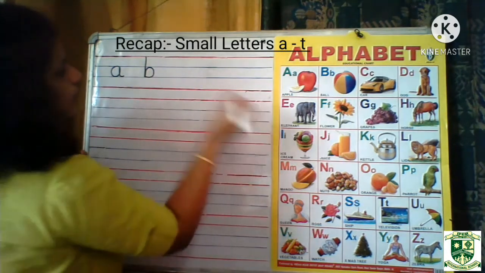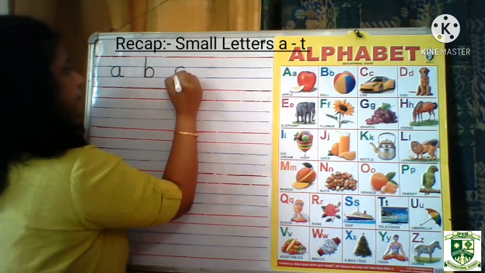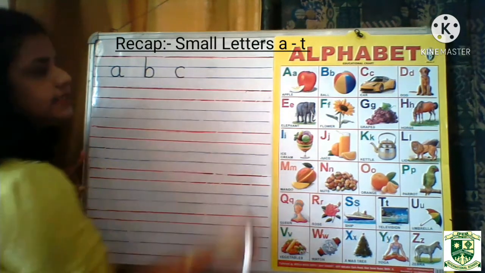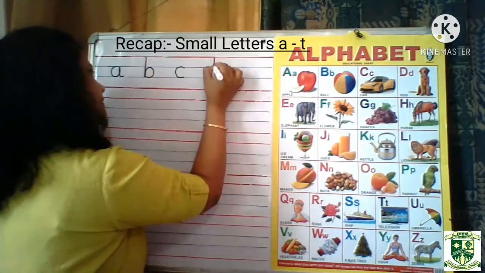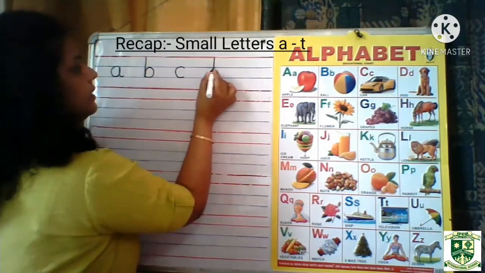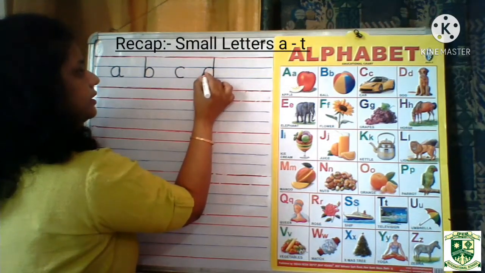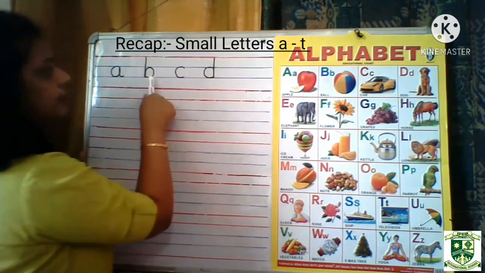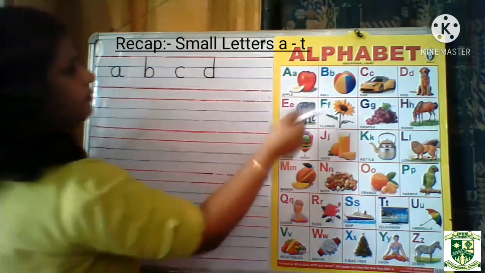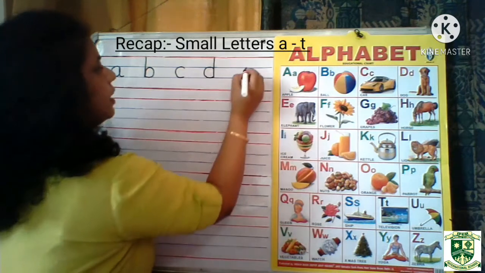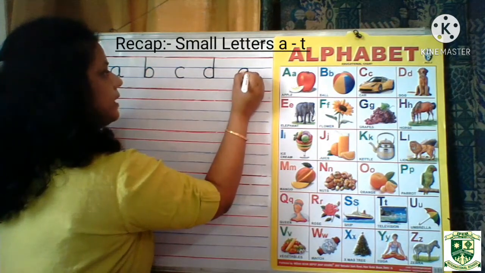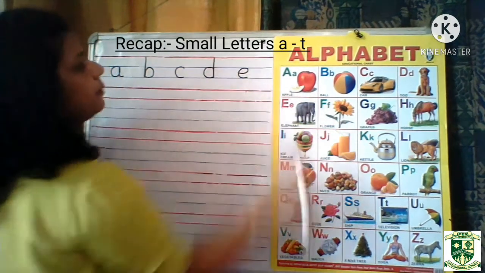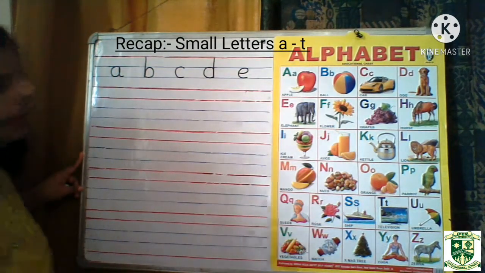Then comes a small c, in between the two blue lines a left curve. Then comes a small d, one standing line and a very good left curve. Remember, right curve, left curve. Then comes small e, again in between the blue lines make a left curve, and then from the top turn it right in the middle. Very good.